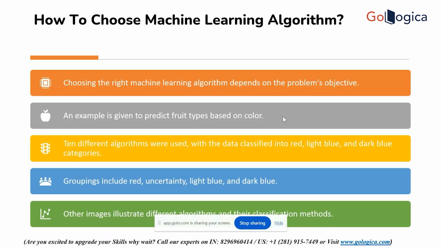For example, everything in the upper left belongs to the red category. In the middle part, there is a mixture of red and light blue, while the bottom corresponds to the dark blue category. The other images can depict different algorithms and how they try to classify the data.